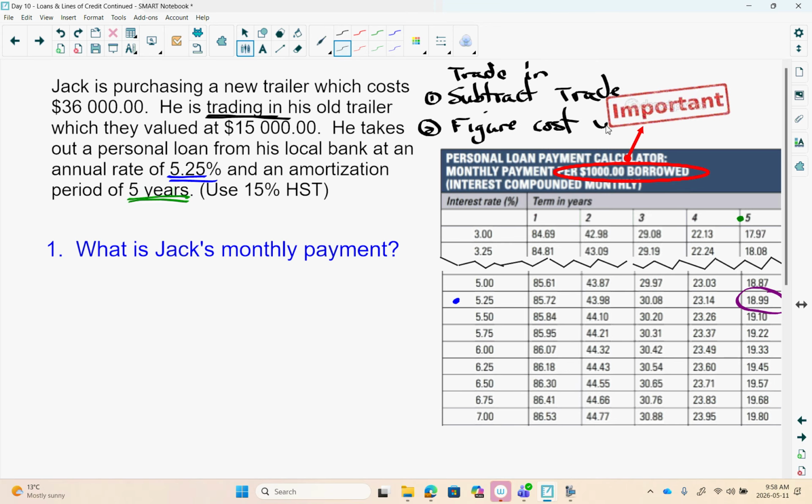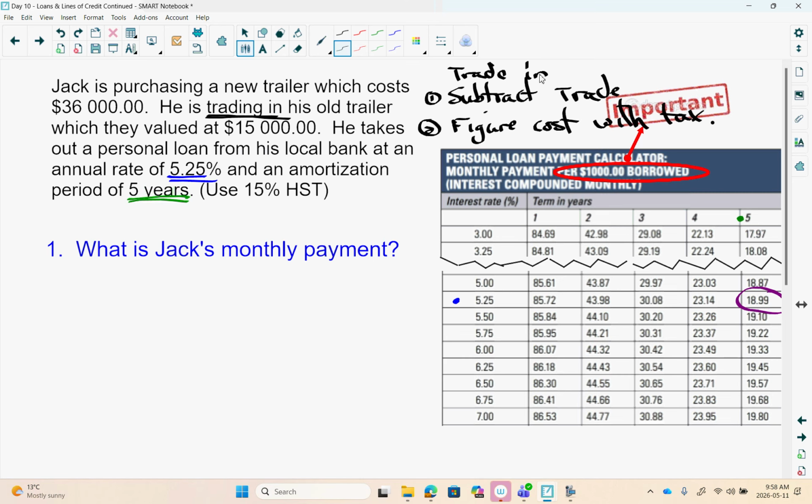The reason is because you've already purchased a trailer, you've paid the tax on that trailer. So you get a little break with a trade-in. If you already own the item that you're going to trade in, you've already paid the tax on that. So you subtract the trade-in first, and then you figure out the cost with tax.